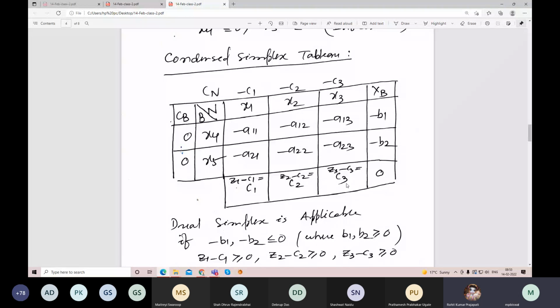So what is the declaration? Does it say that the solution is optimal? No, it is not optimal. The b1, b2 are negative. These c1, c2, c3 are positive, while b1, b2 are negative.